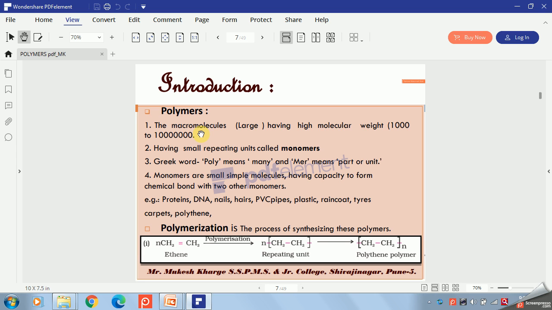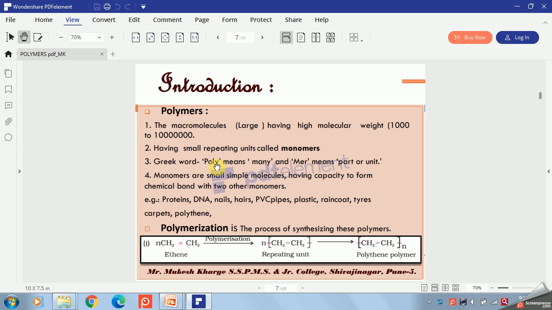So the compounds which can be obtained by combining small repeating units to form a big or large molecule having high molecular mass, that compound is called as polymer, and the process is called as polymerization.